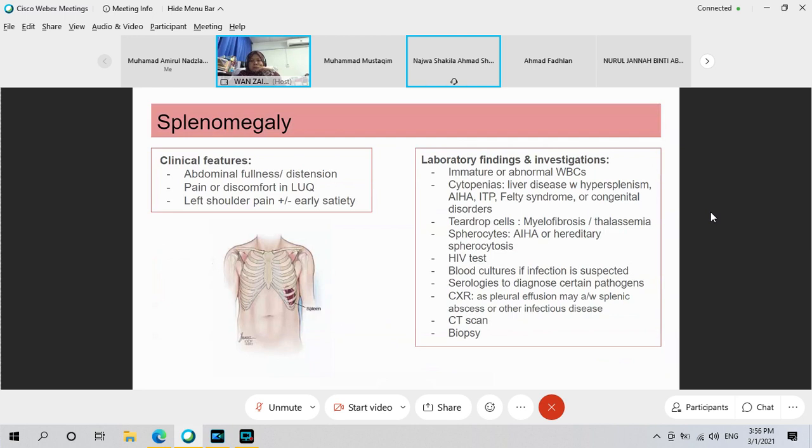So for lab findings, we may find immature or abnormal white blood cells, cytopenias, teardrop cells, spherocytes, and we can also do HIV tests and blood cultures if infection is suspected. Serologies. For chest X-ray, we can find pleural effusion, may be associated with splenic abscess or other infectious disease, and also we can do the CT scan or biopsy. Next slide.